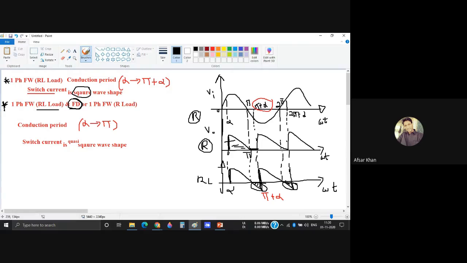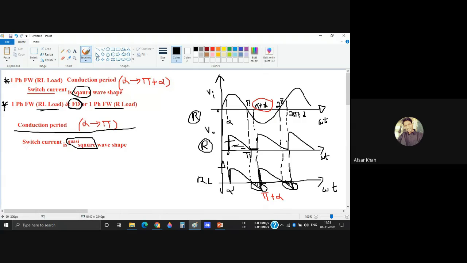Next, for single phase full wave RL load with freewheeling diode, or single phase full wave only R load, the conduction period is alpha to pi, and the switch current is quasi-square. Why do we write switch current as square wave or quasi-square wave? Because we have to apply the formula: magnitude times T1 by total time.